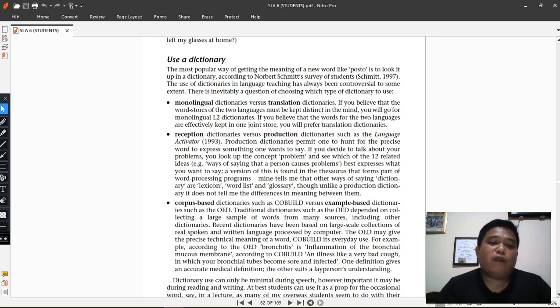It is a bit same with the reception dictionaries. However, the corpus-based dictionaries have much more explanation of how the word is used.